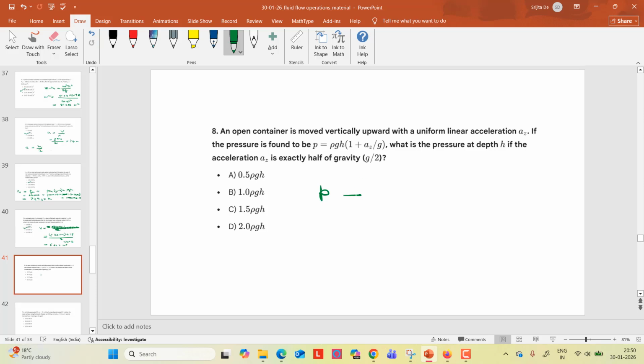So the new pressure will be rho gh into 1 plus g by 2g, which is 1.5 rho gh. It is option C.